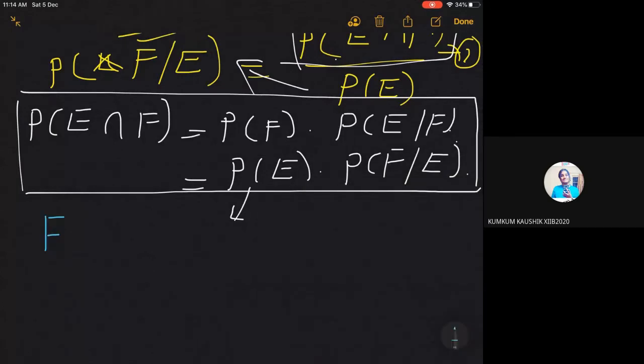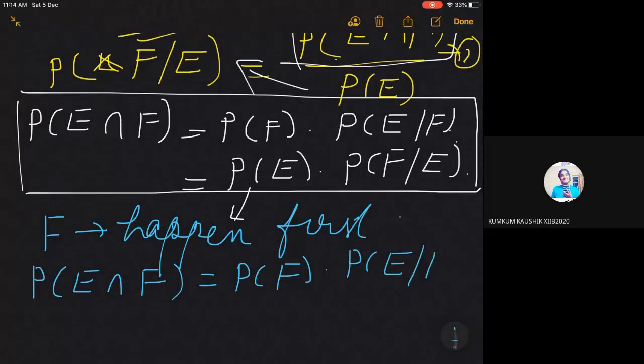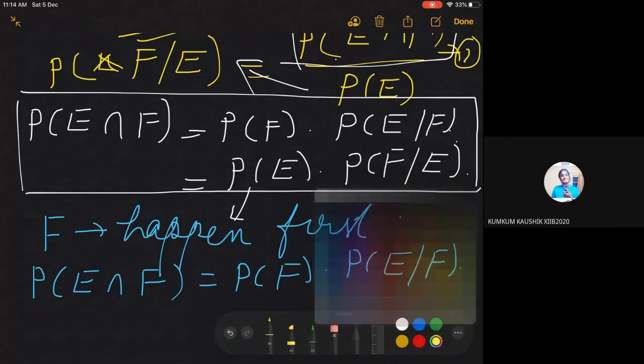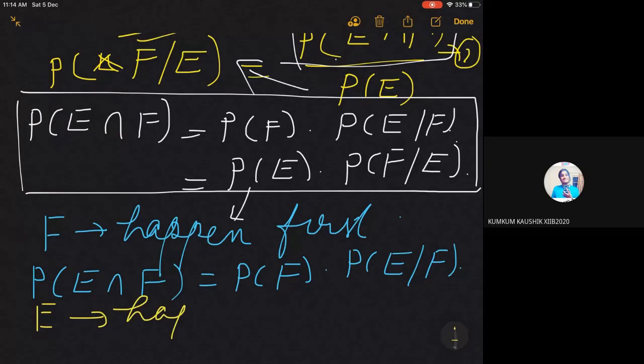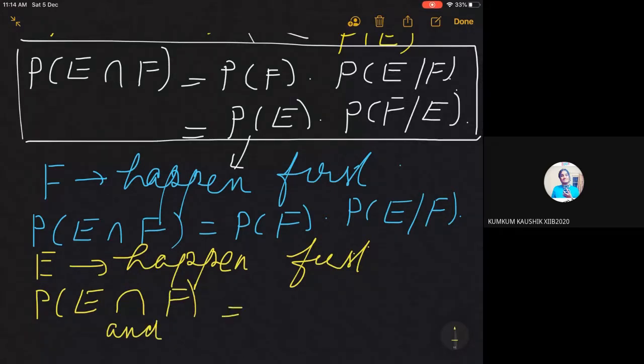If F happens first, then the probability of E and F is P of F into P of E given F. And if E happens first, your formula will be P of E intersection F. We can also write it as P of E and F, where and is converted to intersection, or is converted to union.